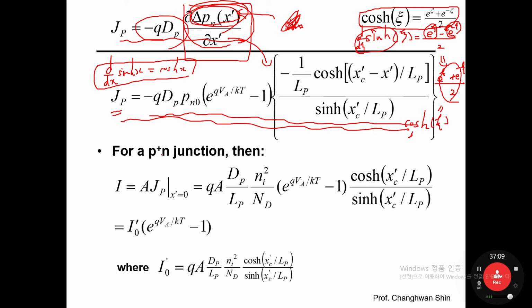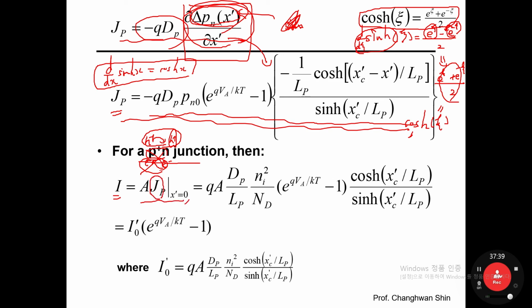In Neamen's book, the author has used this assumption for a P plus N junction. Many holes are injected into the n side, and electrons are also injected into the p side. However, this amount is very, very small compared against the injected holes, so we are going to ignore this term. The current flow across the P plus N junction is defined as this.